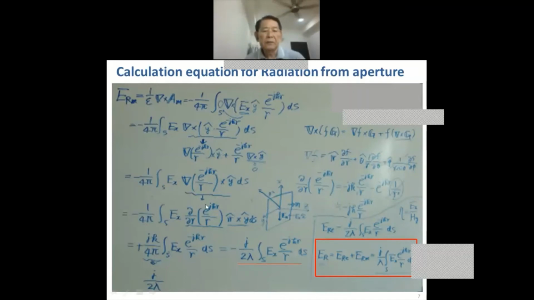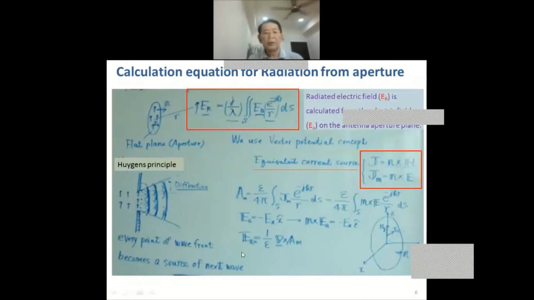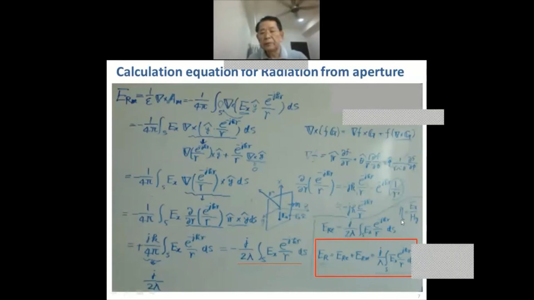So this can be changed like this. So finally, the vector potential field is expressed by this. This is divided by 2. So here only the E field. However, E field and H field exist simultaneously.